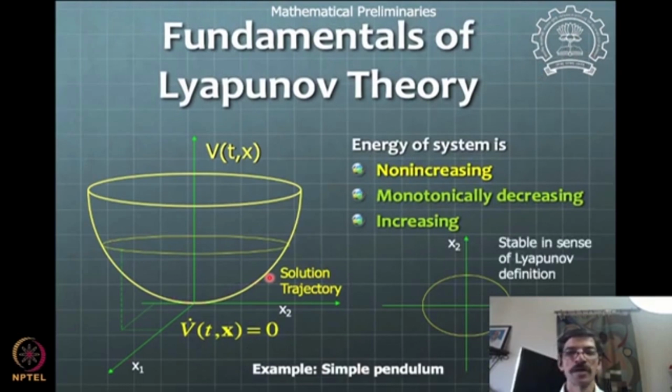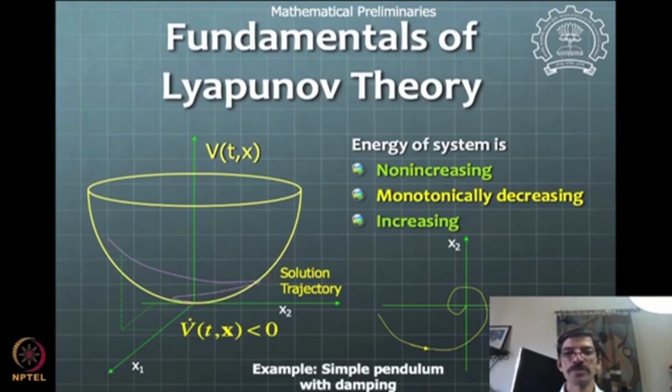I am showing you the solution just for the sake of understanding here, that if the energy is monotonically decreasing along the trajectories, some kind of evolution will happen here. We need not know that. As long as we know that V dot less than 0 is happening along the trajectories, we are fine.